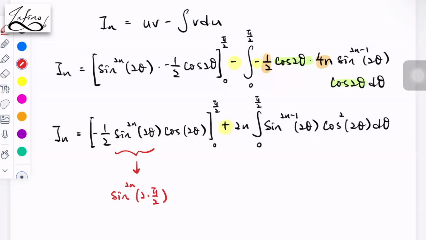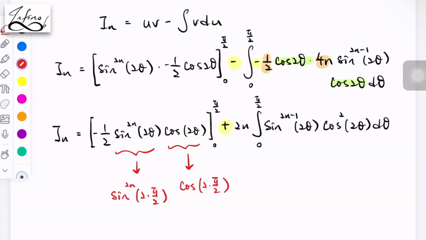If you're familiar with your trigo, sine pi is 0. But how about this part? This part will be cosine 2 times pi over 2, which is cosine pi. Cosine pi will be negative 1. Okay, and that's why you can see the first part is 0.